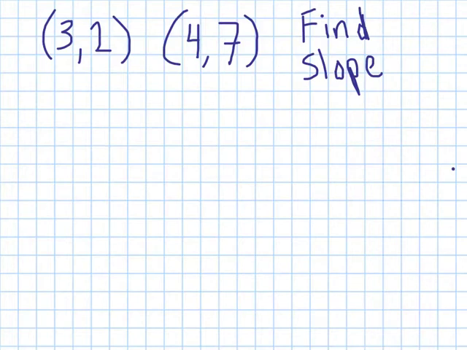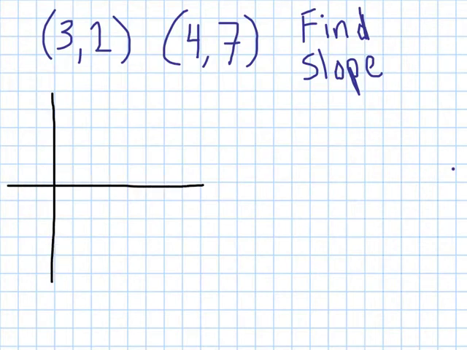Alright, so let's find the slope between the points (3, 2) and (4, 7). So, for now, let's just look at this. I wouldn't normally graph the points when I'm trying to find the slope, but so we can visually see it. I did not go up enough. That's okay. We have (3, 2) is 1 point, and (4, 7).